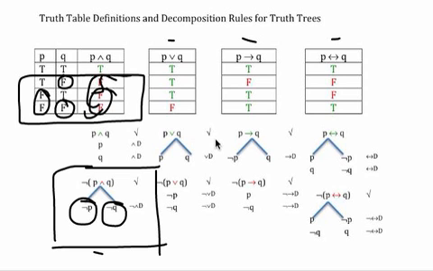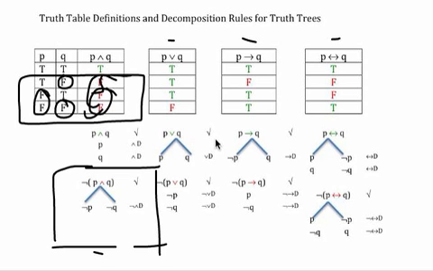So this branching here, we take the branch to indicate two different ways in which the truth conditions for the whole could be satisfied. The truth conditions for that whole negated conjunction are going to be satisfied in the case where not p. They're also going to be satisfied in the case where not q. We don't know which of those, in any particular case, is satisfying the truth conditions, but we know that at least one of those has to be.